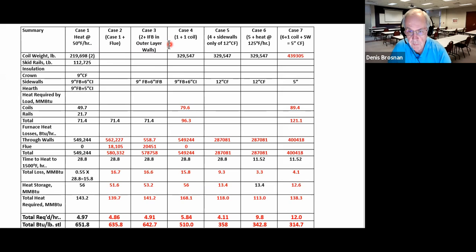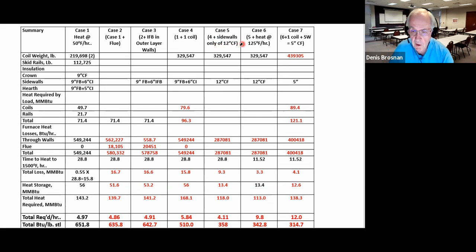Many of you can quickly predict what's going to happen. In case number 5, I took case number 4, but now I use ceramic fiber, CF, ceramic fiber in the sidewalls. So we know that's going to mean less heat storage and less heat conduction through the walls.